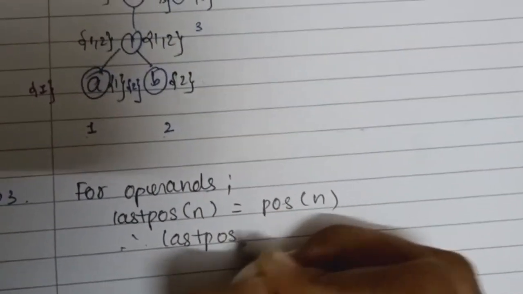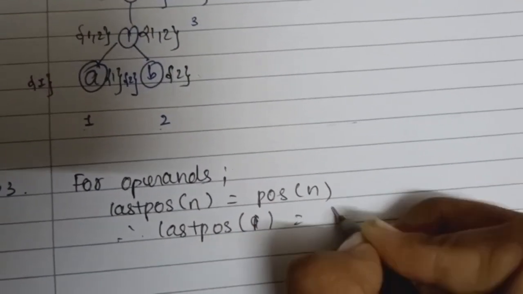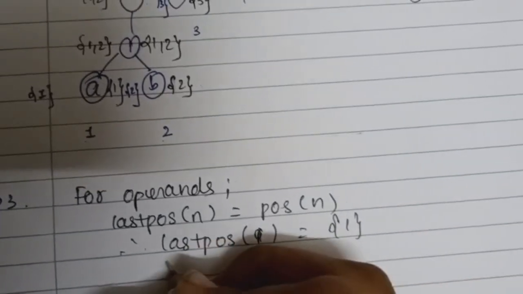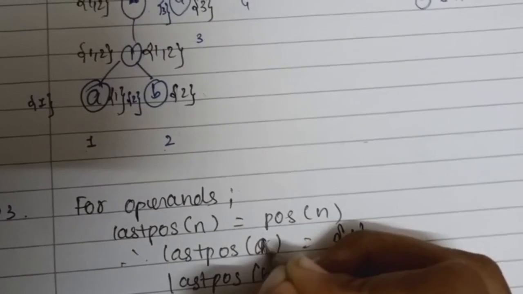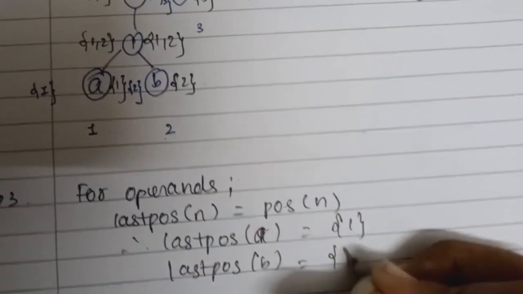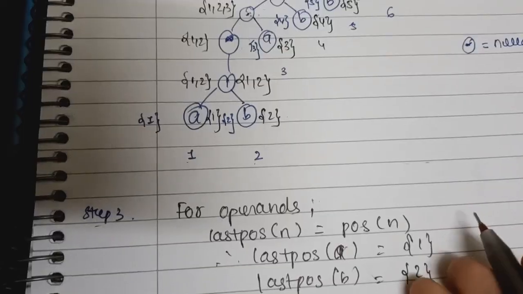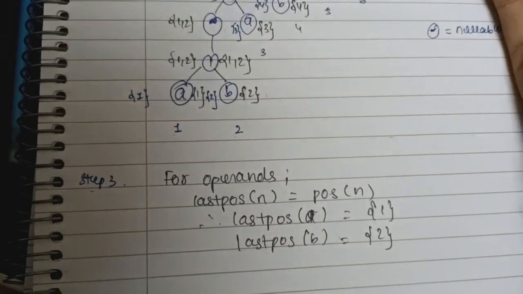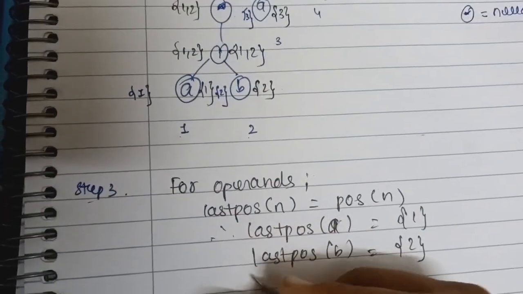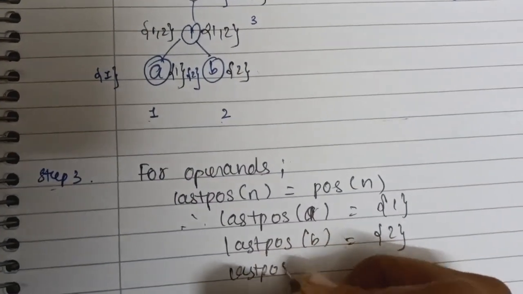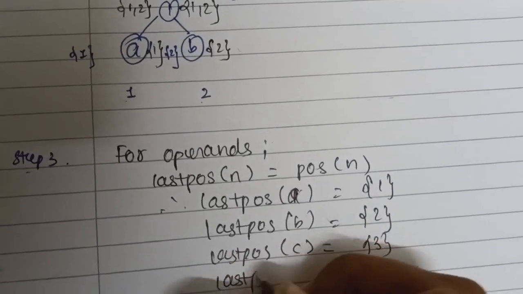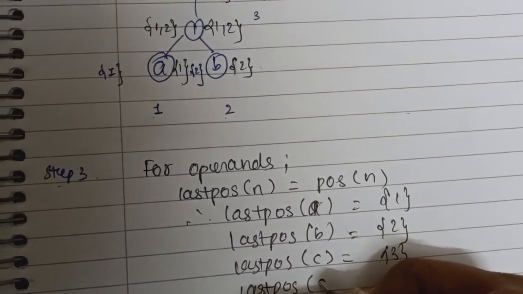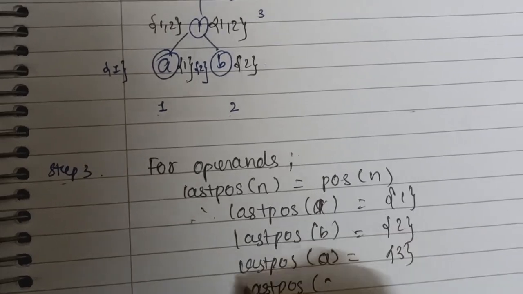Therefore the last position of 1 is equal to 1, and the last position of b you can write as 2. Similarly, you can write for all other operands: the last position of c is equal to 3, and so on.